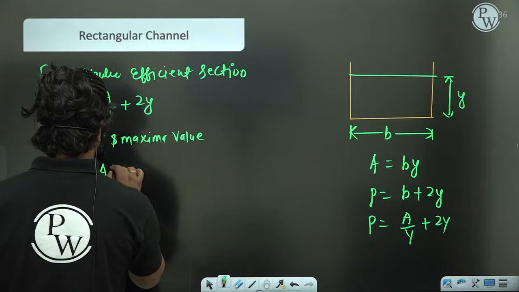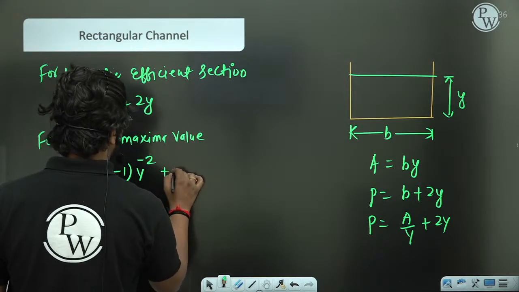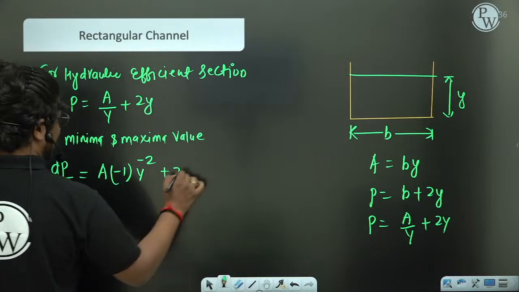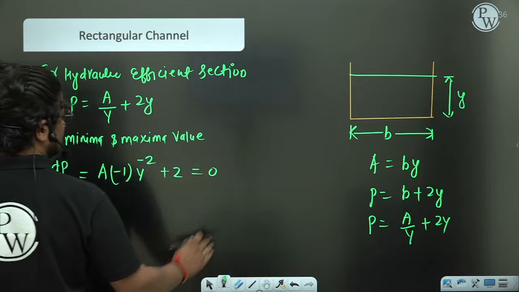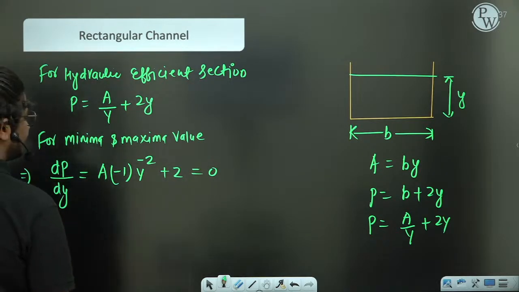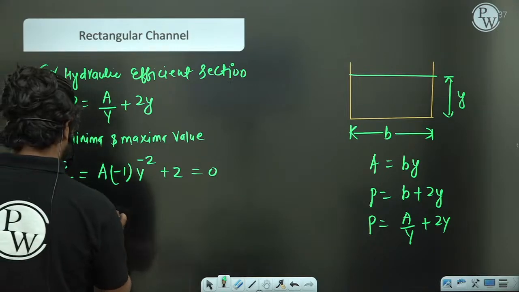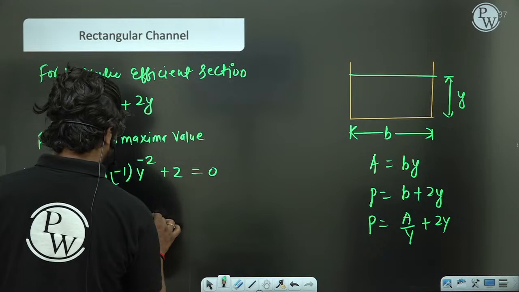This will be minus 1, minus 2, plus 2, and that will be equal to 0. Now this will be minus A upon Y square plus 2 equal to 0.